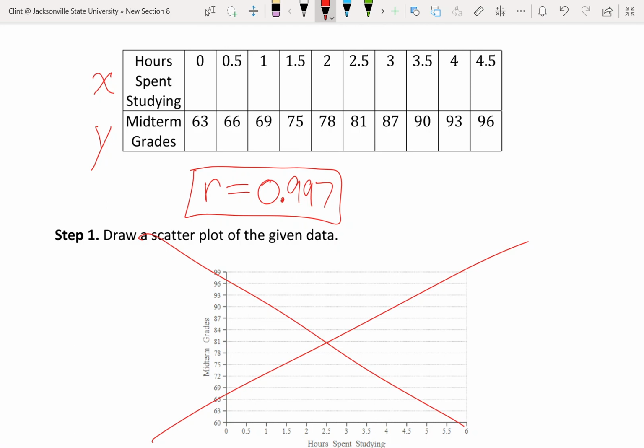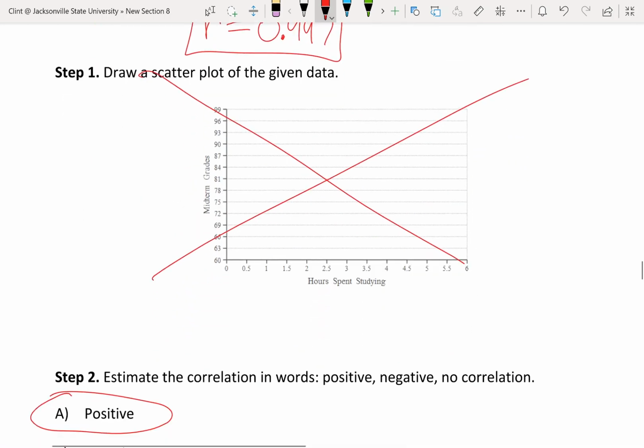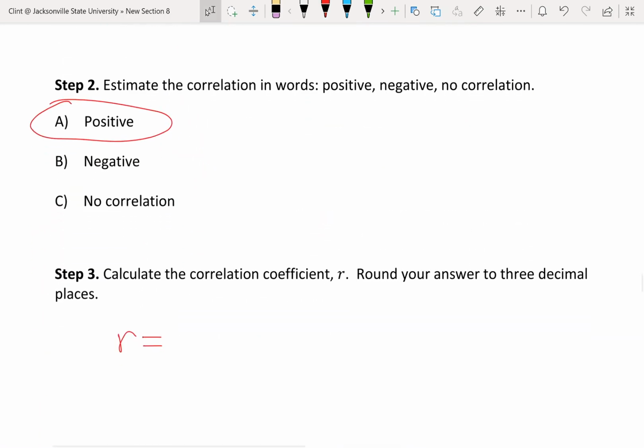It won't help us with a little typo, but because we said we expect a positive correlation, we expect our R to be positive. If we had negative correlation, we would expect R to be negative. So that was 0.997. That's it on that one.